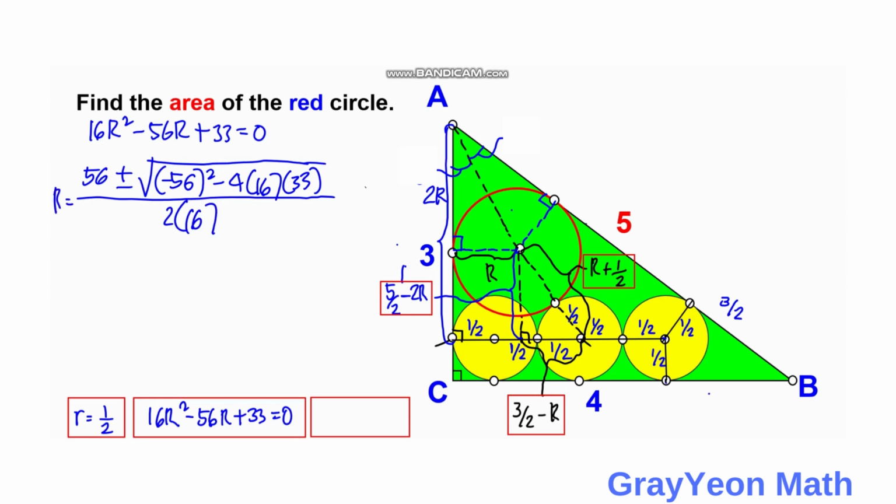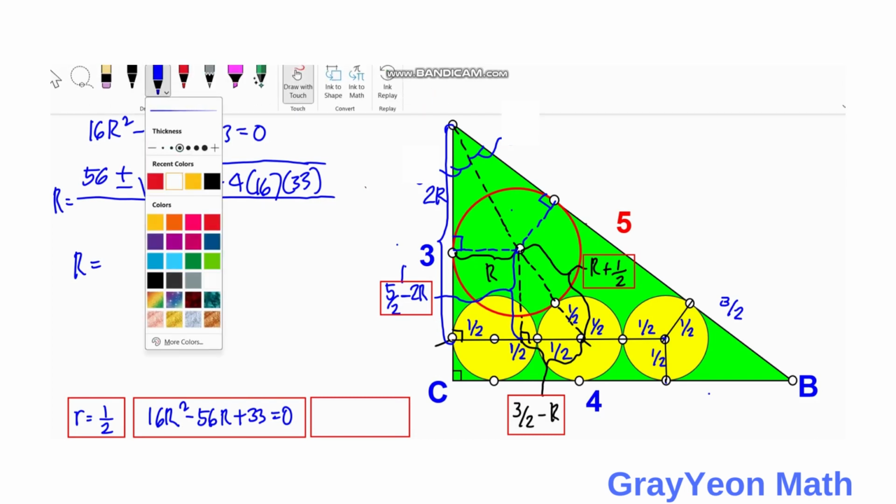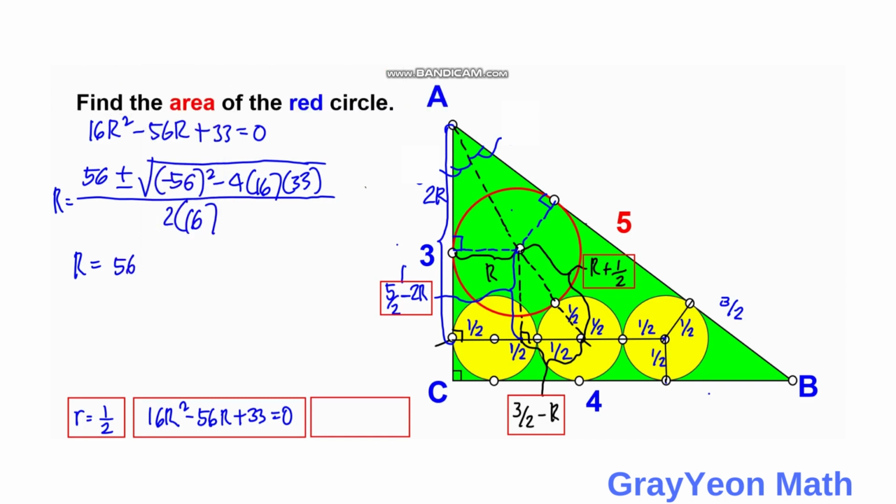So r is equal to, inside the radical sign gives us 1024. So 56 plus or minus the square root of 1024, all over 32.